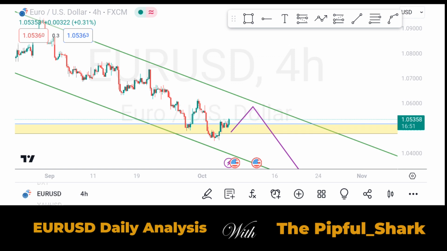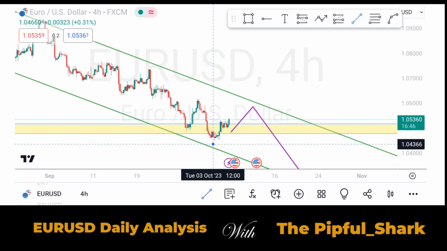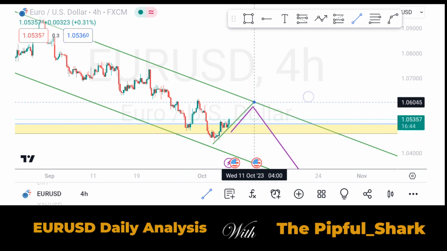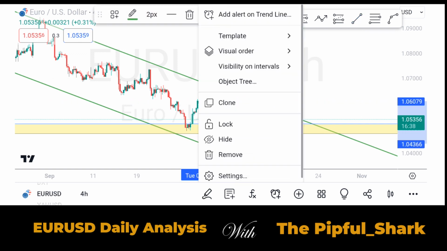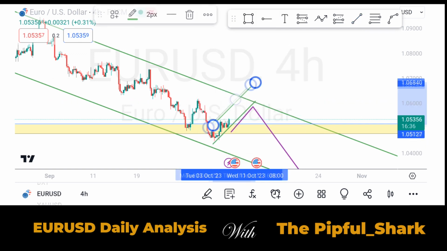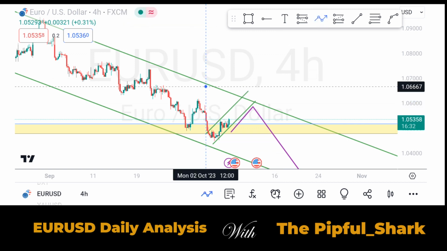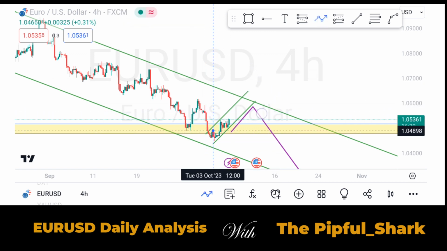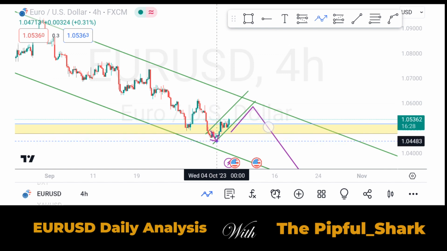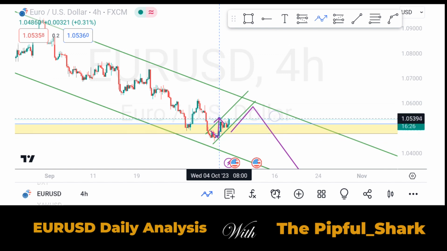Because remember something that we mentioned, we are looking for flags, and we can anticipate that this is a flag. You see this, we are anticipating that this might be a flag. So what the market will do, it's going to create some moves over here.